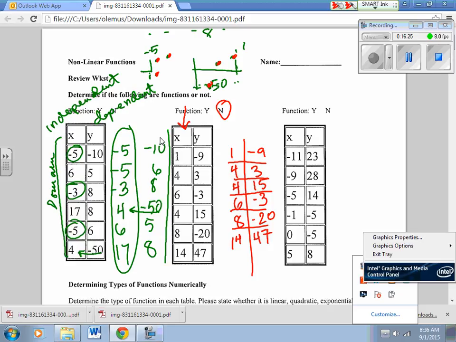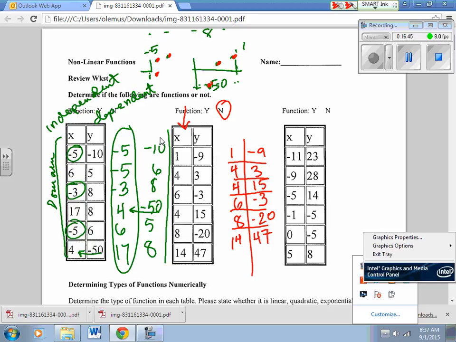Oh, that, like I said, you could have 4, 15 first and then 4, 3, didn't matter. As long as the x's are in order. Yeah. If that was the case, then put 4, 3 first, because the 3 is before the 15 anyway, because they're still right after each other.